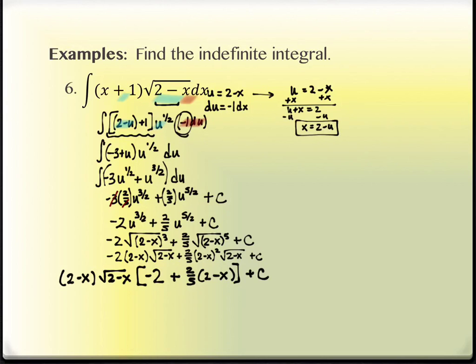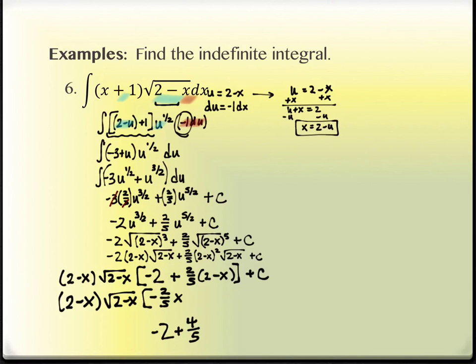And we could clean up what's in the brackets at least a little bit, right? I mean, it's not pretty or anything, but it does clean up a little bit. So you have the 2 minus x here. You've got the square root of 2 minus x out here. And then I've got, let's see, -2/5 x. And then I have a -2 and a +4/5.